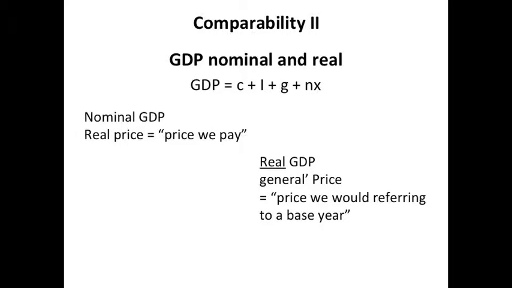So we take the price of 2000 as base year, and then we look what happened over time, over these 15 years. And then we are coming to this economic activity.